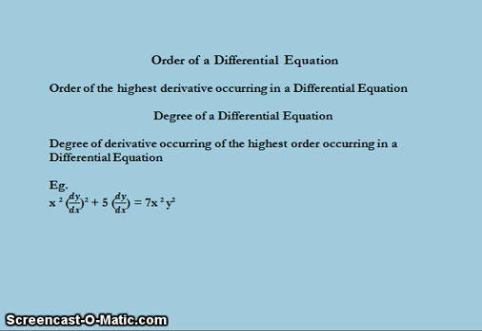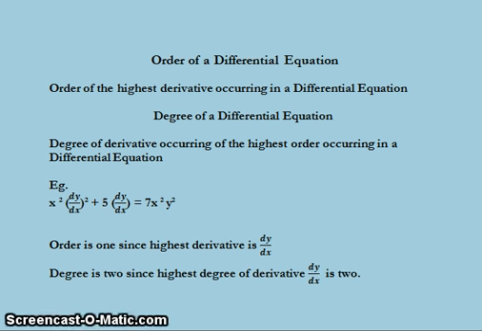Since the highest derivative occurring is dy/dx, the order of this given differential equation is 1. To obtain the degree, we find the degree of the derivative of the highest order occurring in this equation. Since the highest degree of derivative dy/dx is 2, the degree is 2.